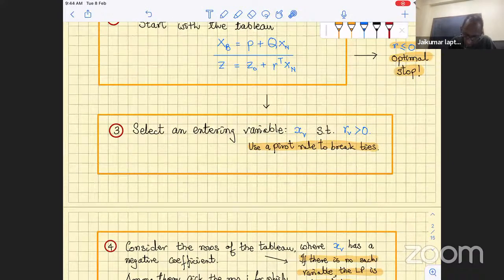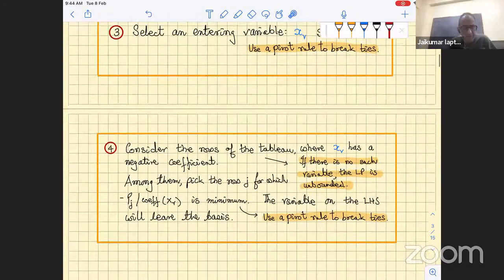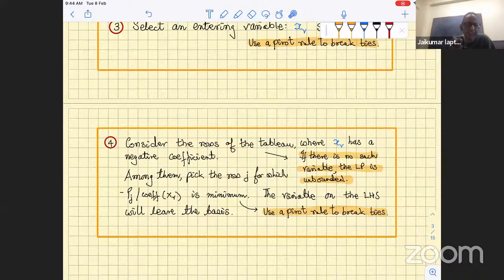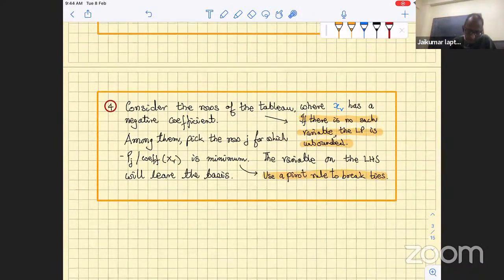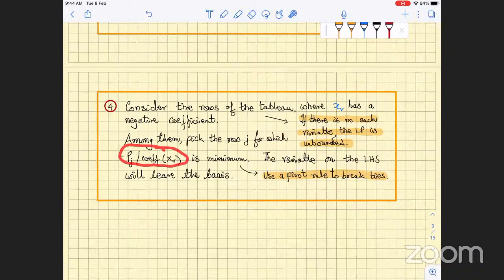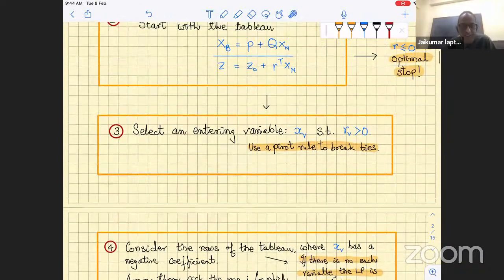So when we choose a particular variable to enter the basis, we have to decide which variable should leave. Well, there might be multiple coefficients here which are positive.